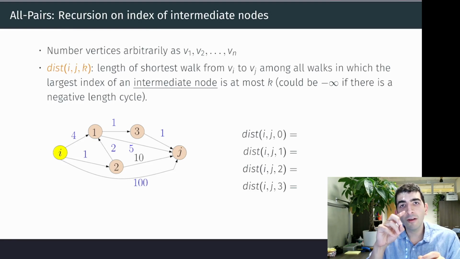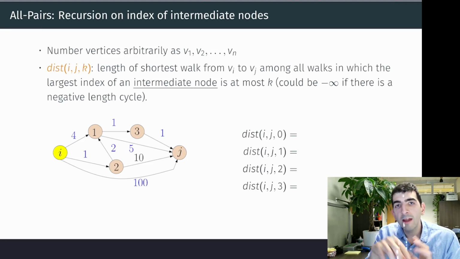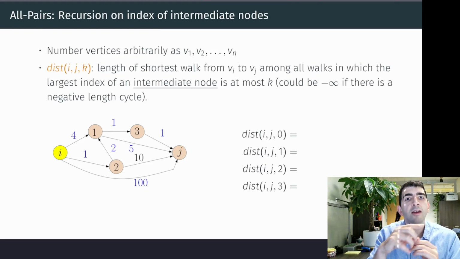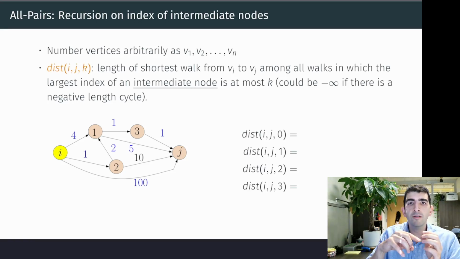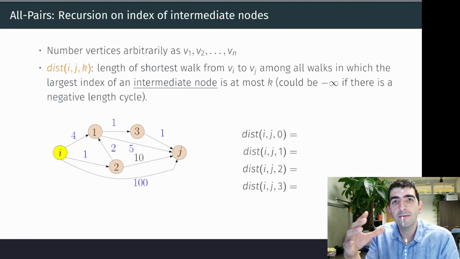First, only using vertex 0. Then using vertices 0 and 1. Then we're going to find the shortest path using vertices 0 through 2. Then all the shortest paths using vertices 0 through 3. Then 0 through 4, and so on, right?